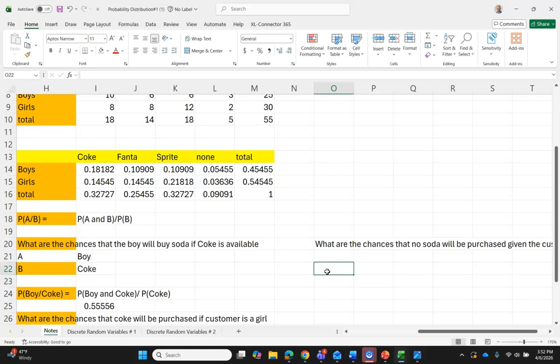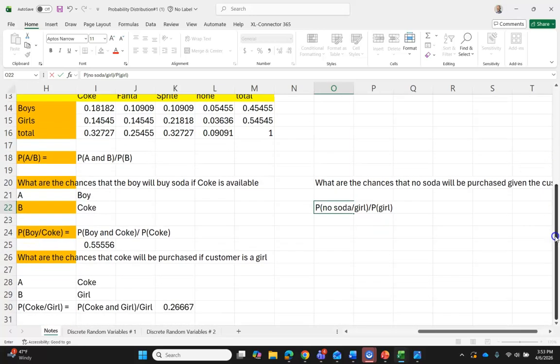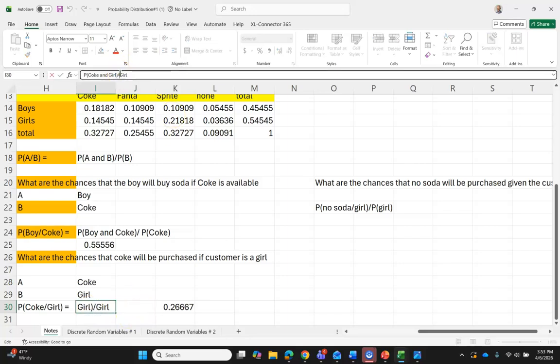I'll say probability of no soda given the customer is a girl. Close the bracket, divided by probability. Let me go down here, see what I wrote here. I was supposed to write probability of having a girl. So probability of girl, that's how this should read.